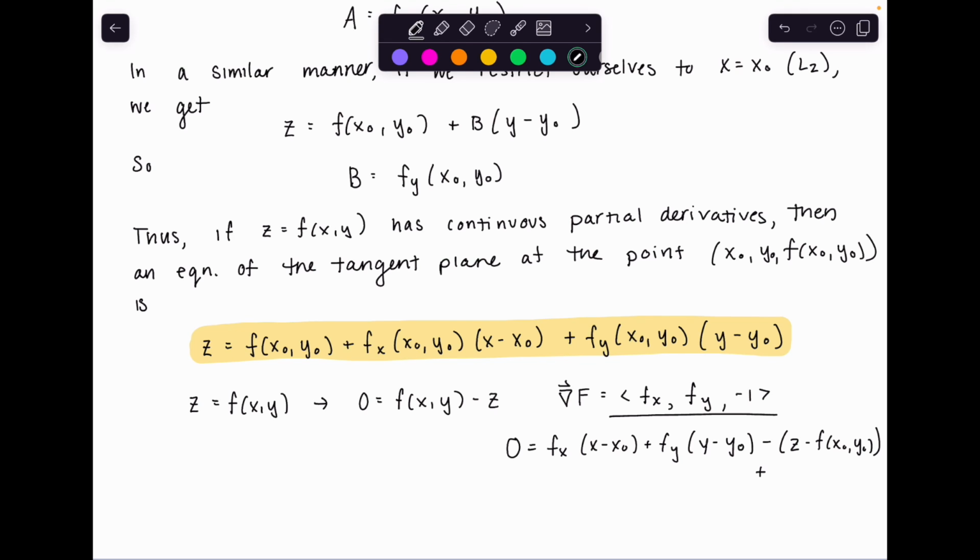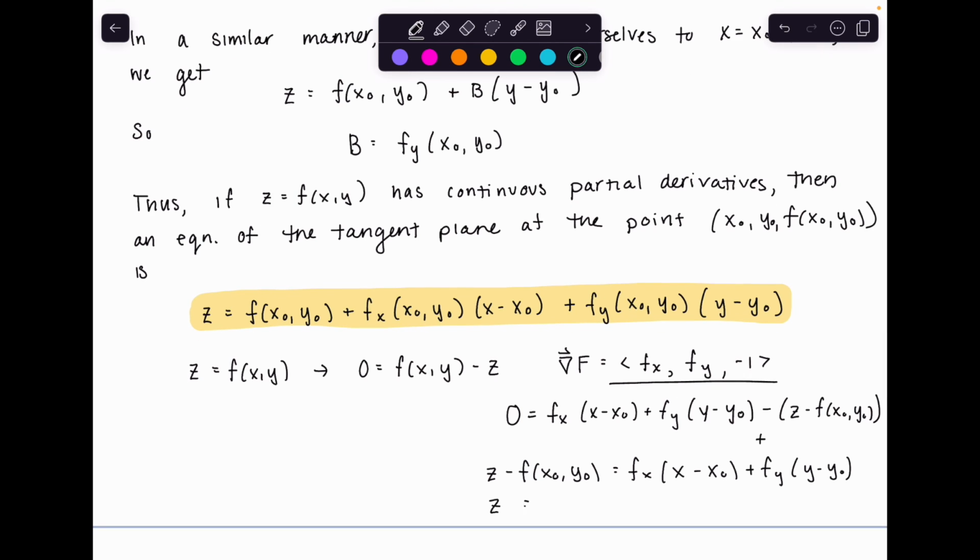So you're really just moving this to the other side, and it gives you z minus the initial coordinate of the point is equal to those partials, and then you would add this over. So exactly the same equation that we came up with last time.